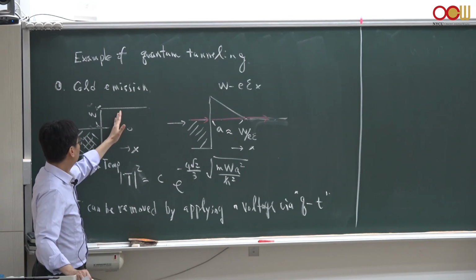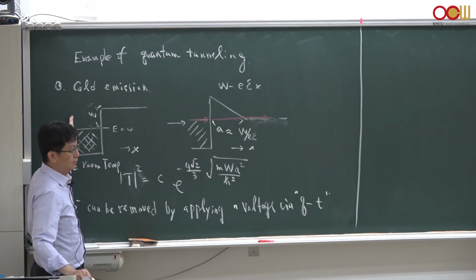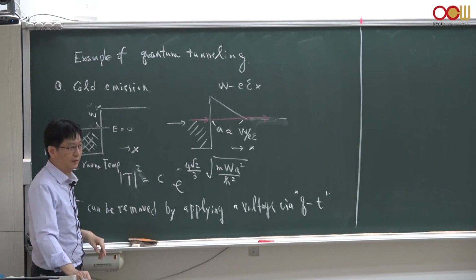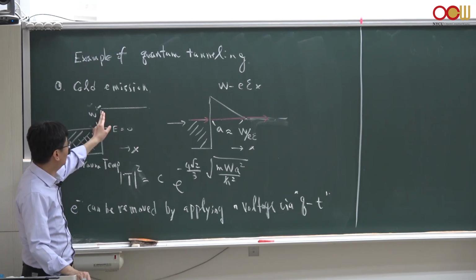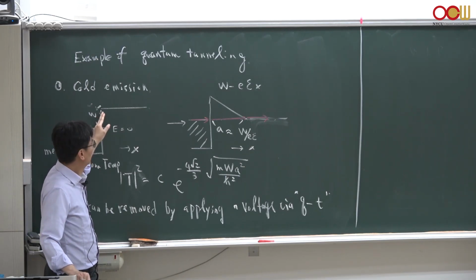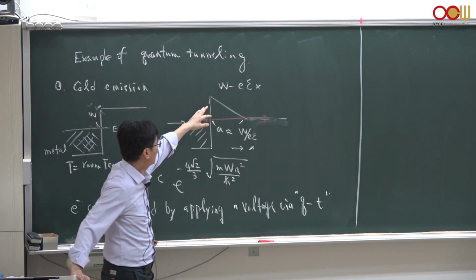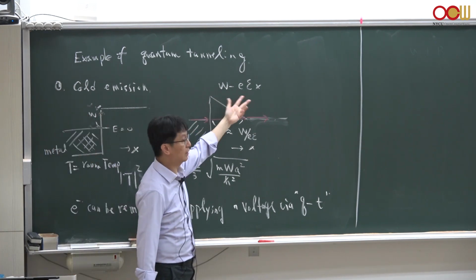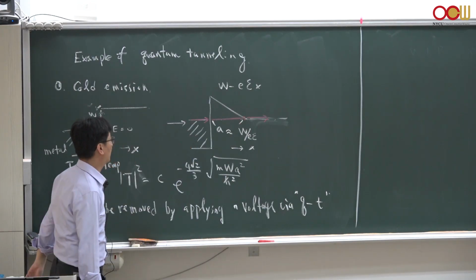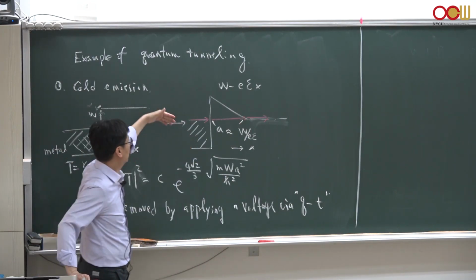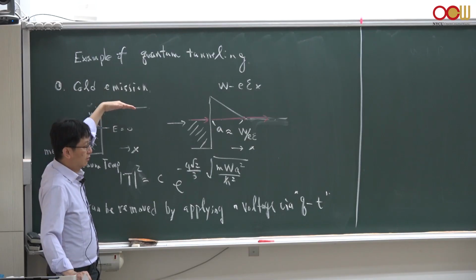So if this is an insulator and this is a metal, the electron cannot get out. But if you apply a voltage across the x direction like this, so the potential profile, if I apply the electric field or voltage bias in the x direction, then this potential is no longer a flat function, right?